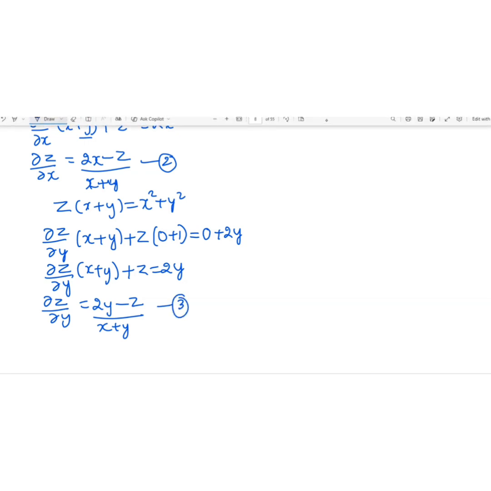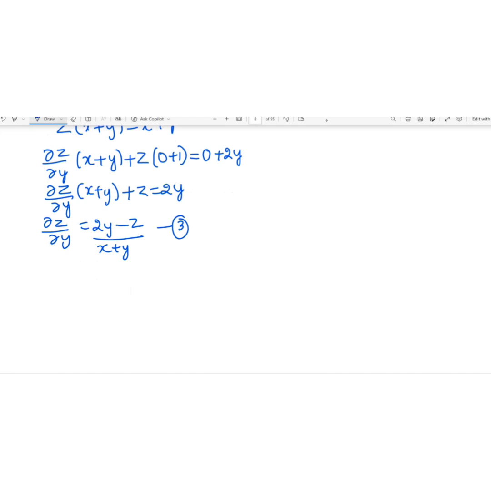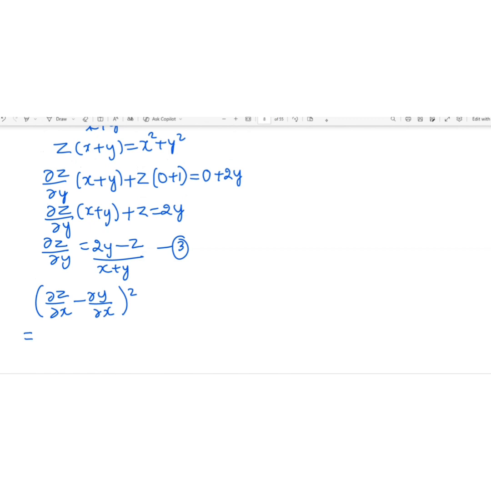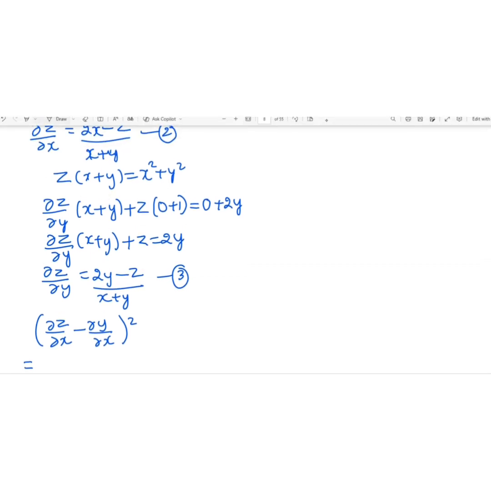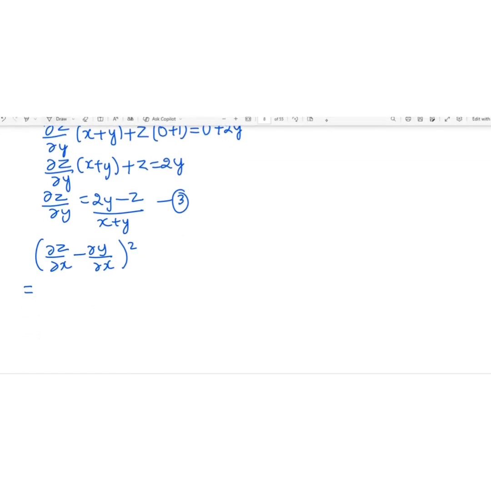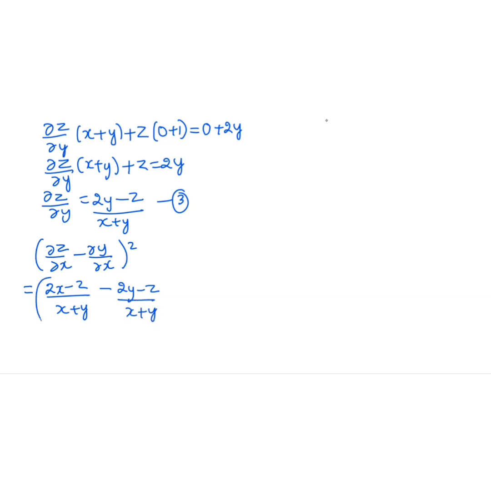Now according to the LHS we have dou z by dou x minus dou z by dou y, whole square. We'll substitute the values. So we have dou z by dou x is 2x minus z divided by x plus y, then minus of 2y minus z divided by x plus y, whole square.